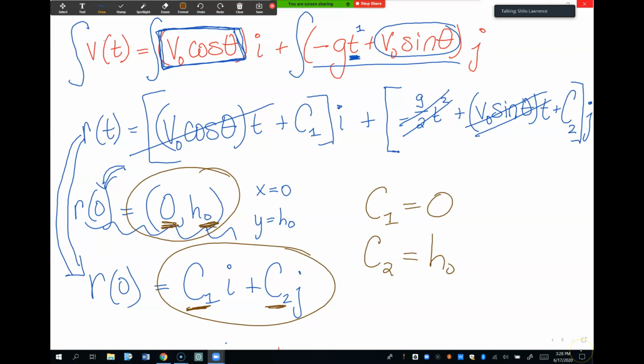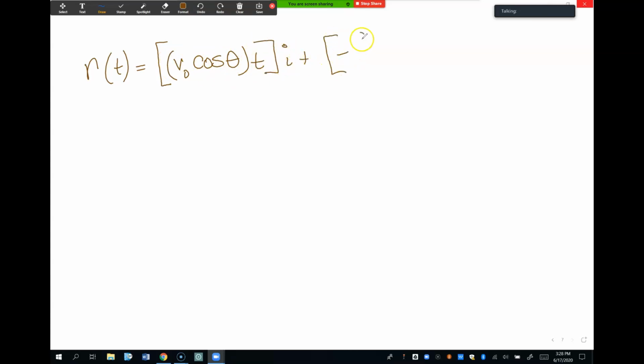So now we have a vector valued function that uses all of that information. r of t is equal to v sub 0 cosine theta t i, plus negative g over 2 t squared plus v sub 0 sine theta t, plus... Remember, c1 zeroed out, that's why I didn't add anything here, but c2 was equal to our initial height h sub 0.